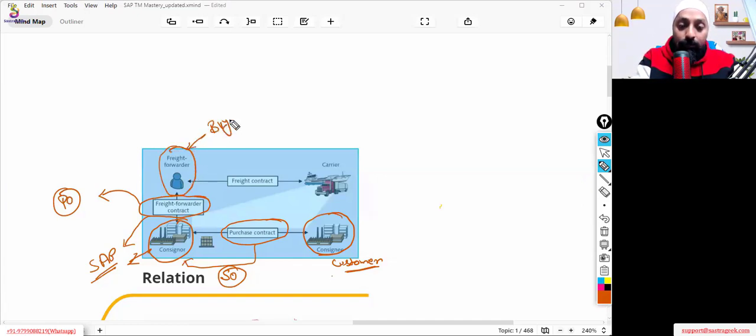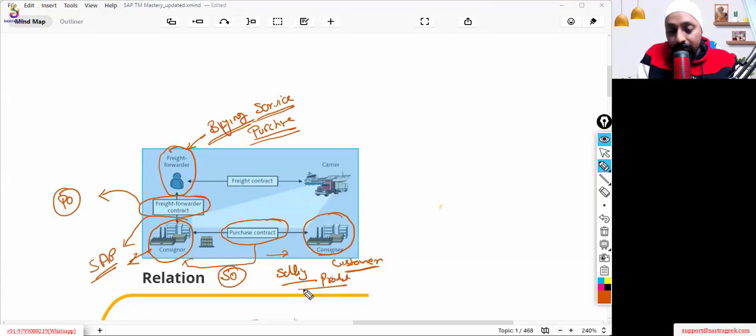People also get confused here. I'm buying the freight forwarder's services, so that is kind of a purchase scenario. And here I am selling product to my consignee, so that is a sales order, a sales scenario.